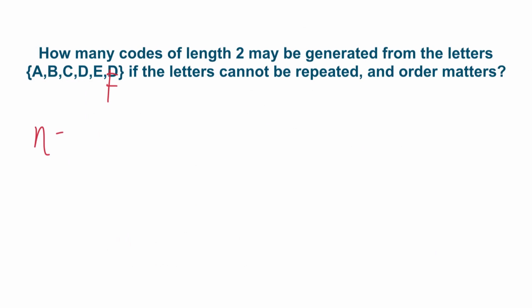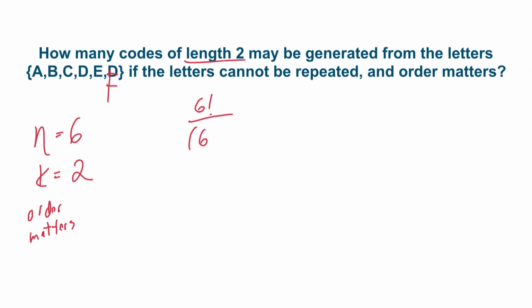So how can I do this? Well, this is exactly what our counting techniques in this theory are built to handle. So here I have n equals 6 because I have 6 letters. k is equal to 2 because I want codes of length 2. And order matters. So I do 6 factorial divided by 6 minus 2 factorial.